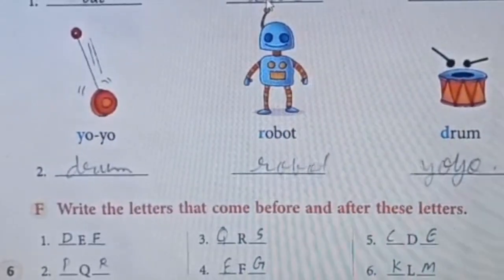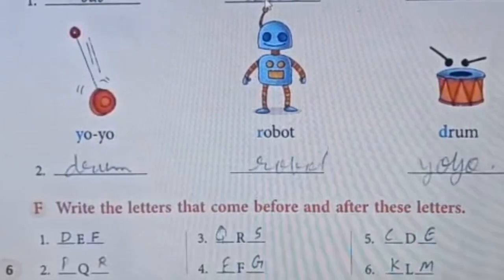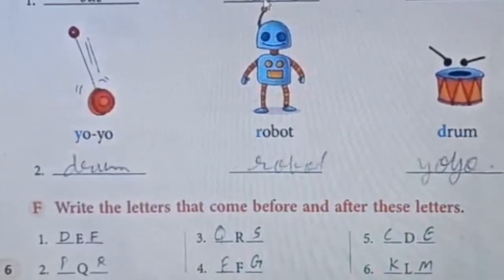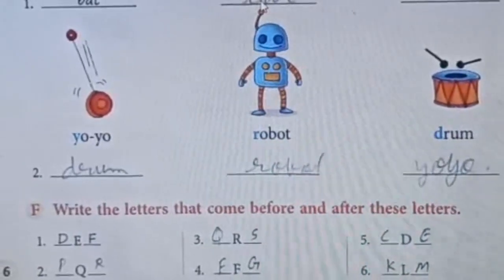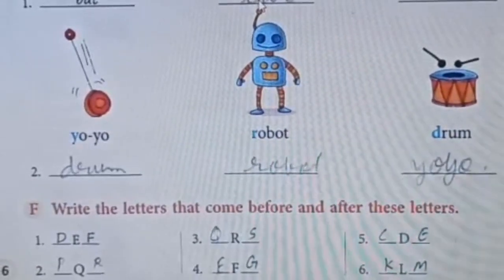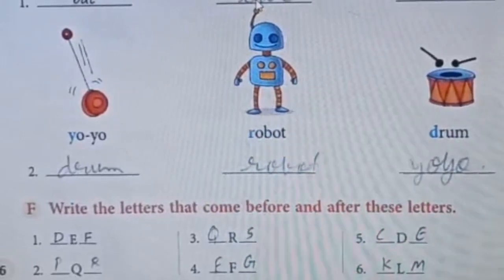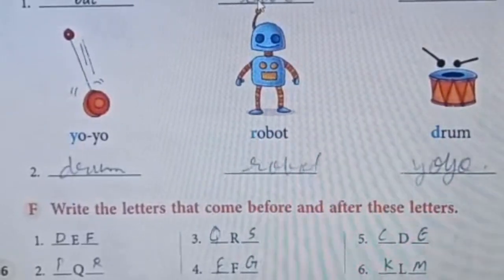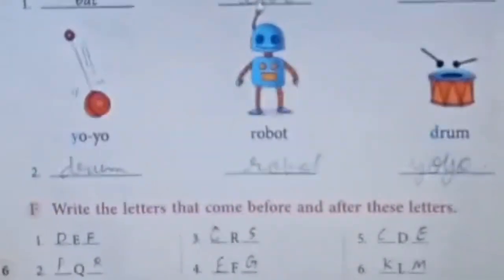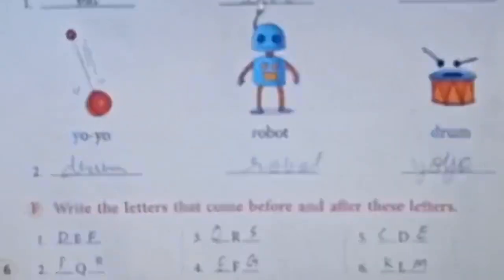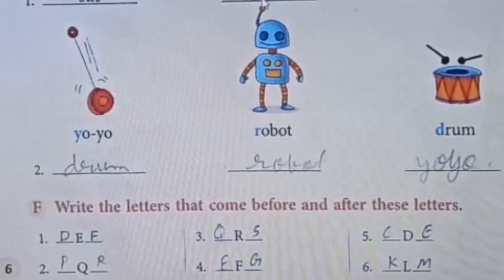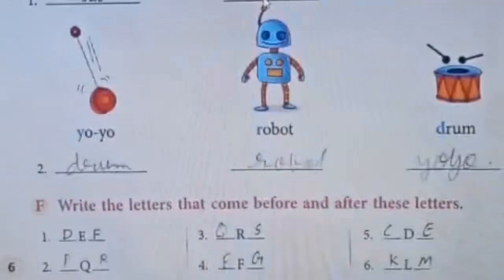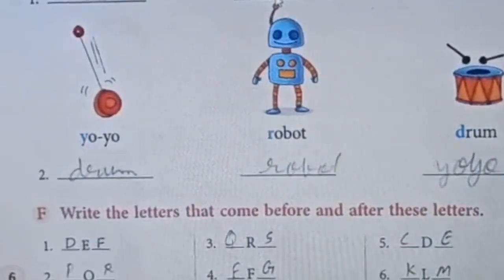So the before letter is D and after, F. Then number 2, P, Q, R. 3, R is given, so Q and S. 4, F is given, then E and G. 5, D is given, then C and E. And 6, L is given, so before letter is K and after letter is M.